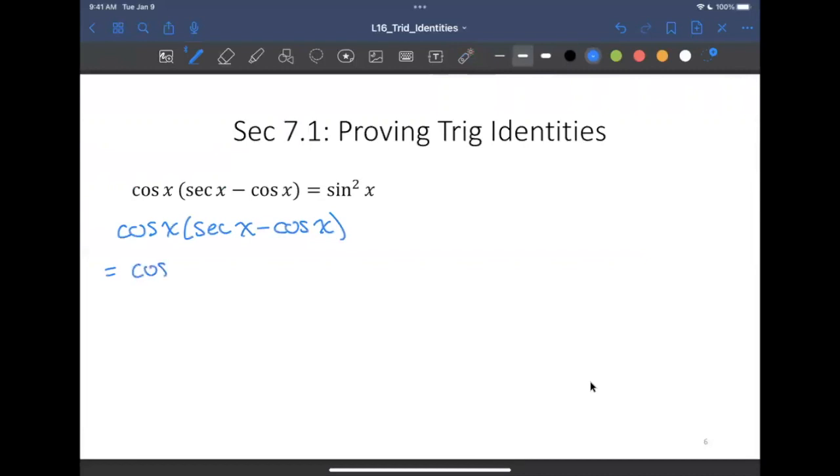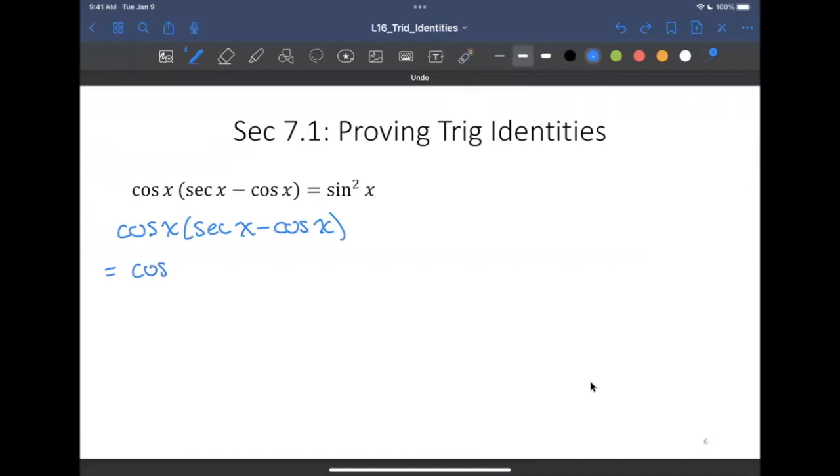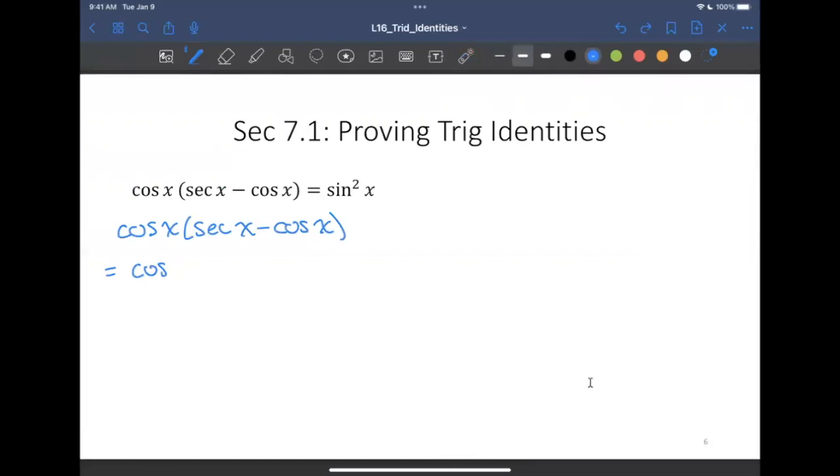So cosine of x is 1 times 1 over cosine of x minus cosine of x. I want to possibly combine these two terms together, so I again have to have them have like denominators. So I'm going to multiply this side by a special 1 of cosine of x over cosine of x.